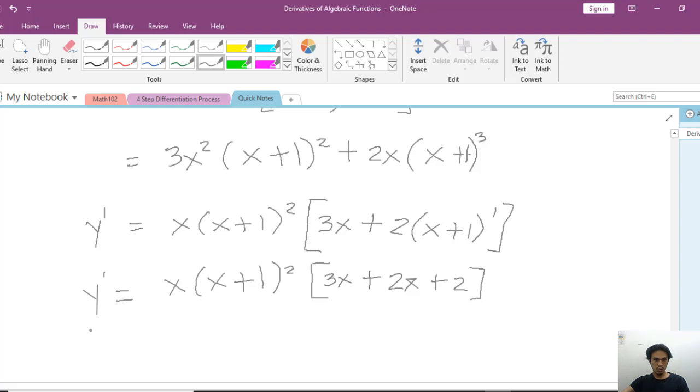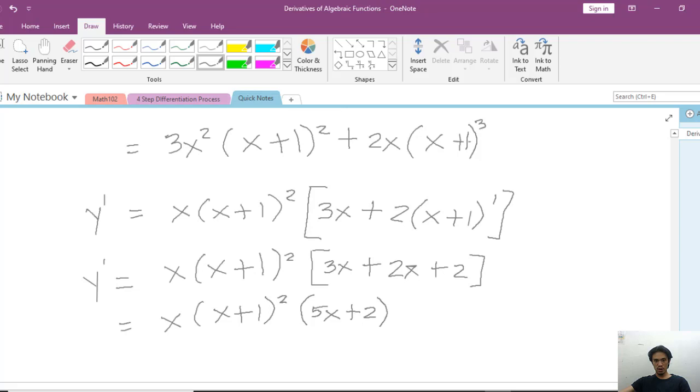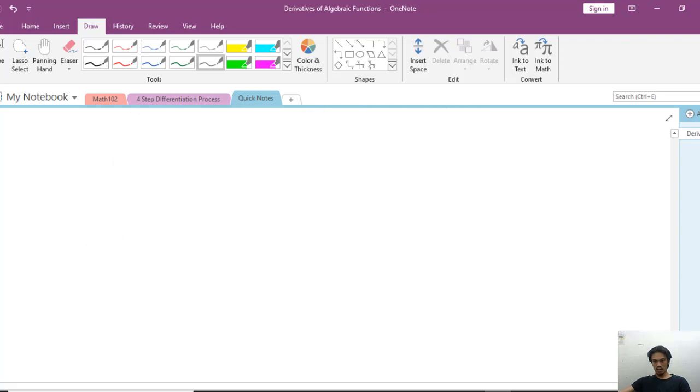So what is left is x times (x plus 1) raised to 2 times (3x plus 2x is equal to 5x, and you add the constant 2). Don't forget to include them both inside the parentheses. That is the simplest form of your answer, y prime.